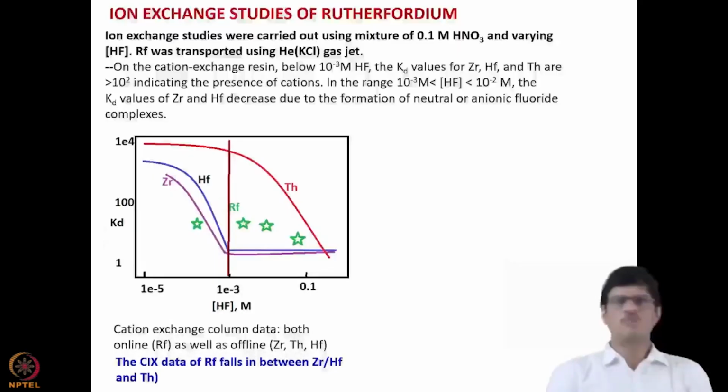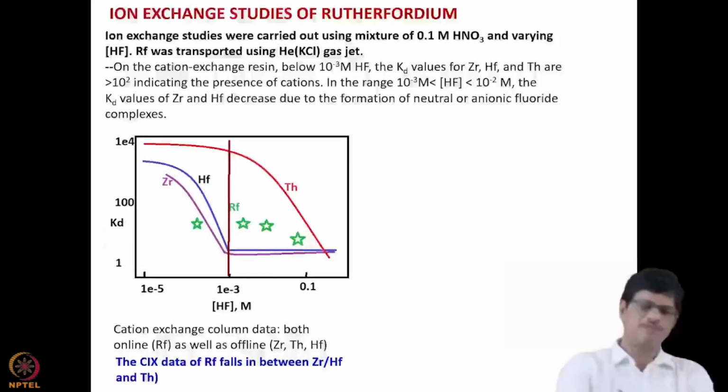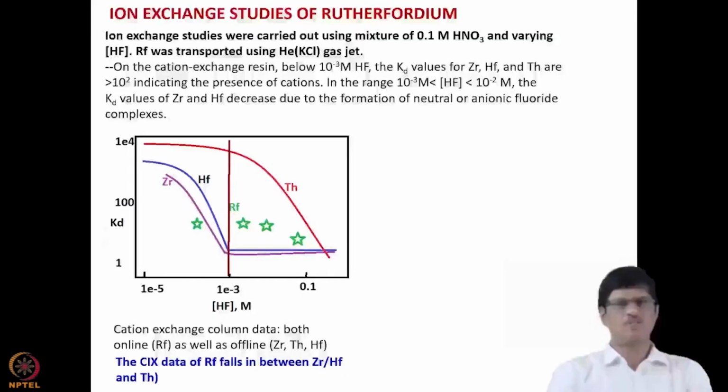Zirconium, hafnium and thorium data are generated by the offline method, whereas the rutherfordium data was generated by an online method, which is very obvious. And you see here that the thorium offline data is entirely different from what has been seen for zirconium and hafnium.